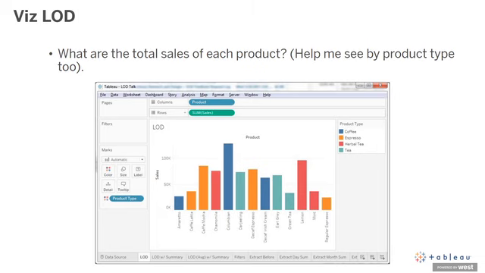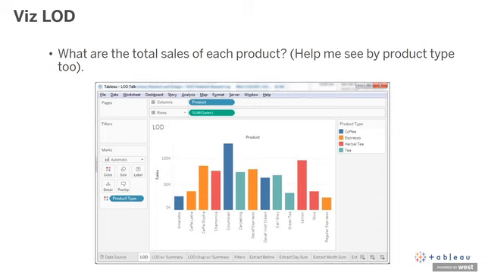So I have sum of sales out there, which is my measure in green. And then I have these two dimensions, product and product type, which I'm using to break down that sum of sales number that I pulled out there. And since the level of detail of my data is product, sales level of detail, this answer is perfectly meaningful.